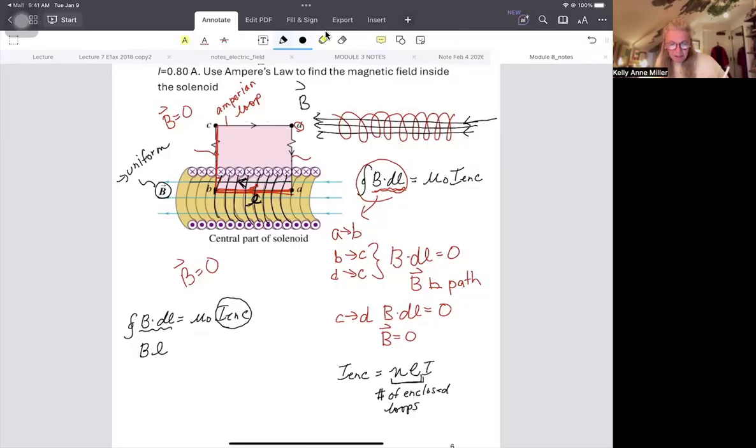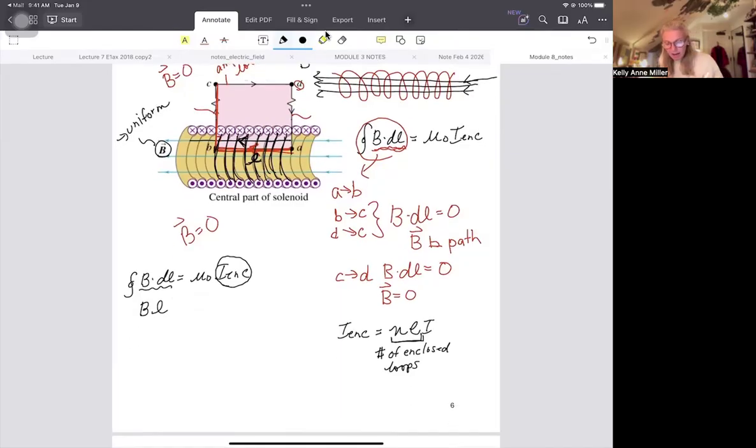It's basically counting up 1, 2, 3, 4, 5, 6, 7, 8 loops, right? N times L is the number of enclosed loops because we're given the number of loops per meter. So if I multiply that number by L, it gives me the number of enclosed loops, and then each of those loops has a current I. So I enclosed is just NLI.